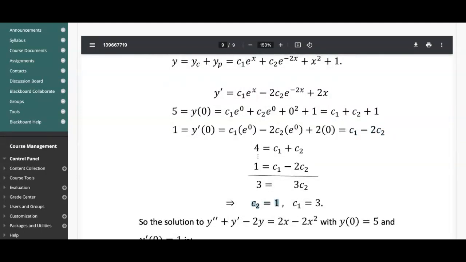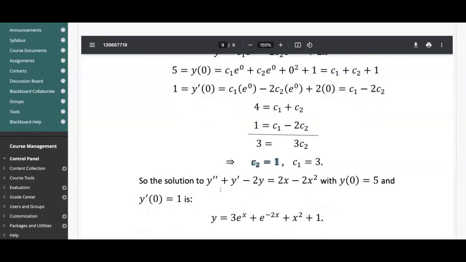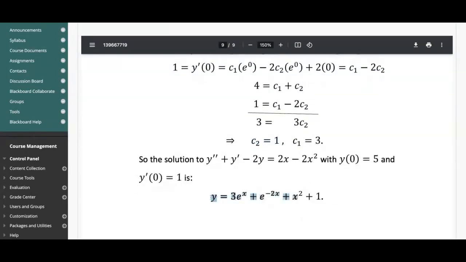We solve the system of these two linear equations and get C1 equals 3, C2 equals 1. We plug back into the general solution, so we get this. This is a unique solution for this second order differential equation with two initial conditions of such.